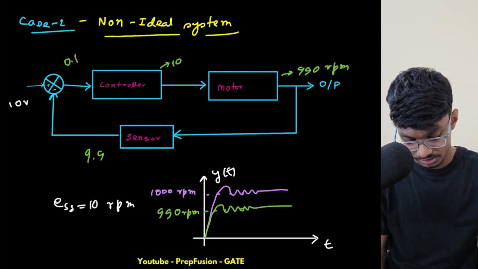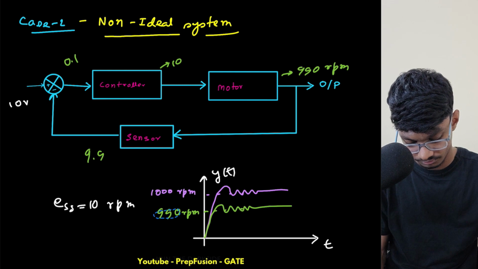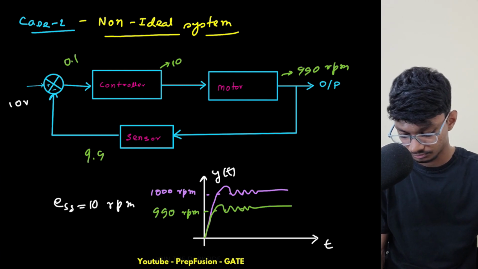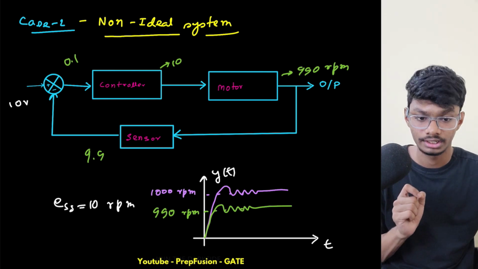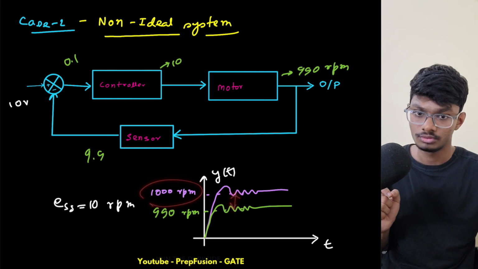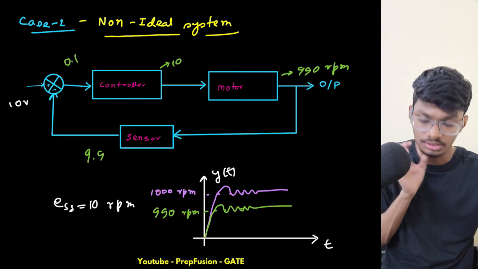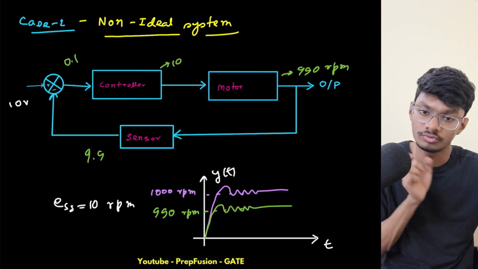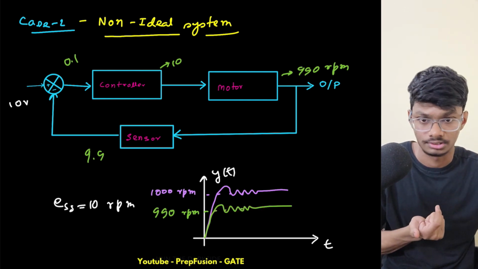This is 990 rpm. Now we are observing that this is my ideal output, my reference output, and this is my actual output. So I'm observing there is a 10 rpm difference. This is my steady state error basically.